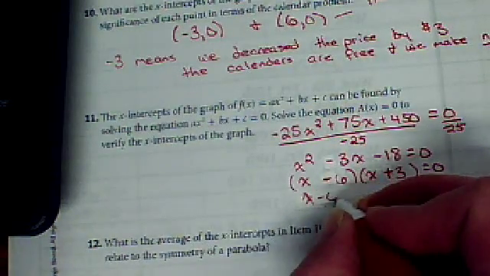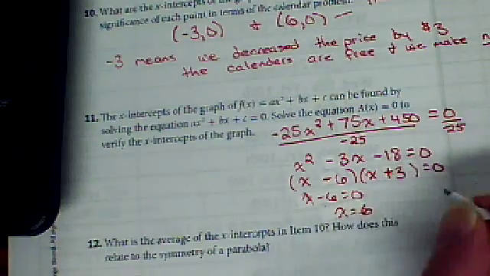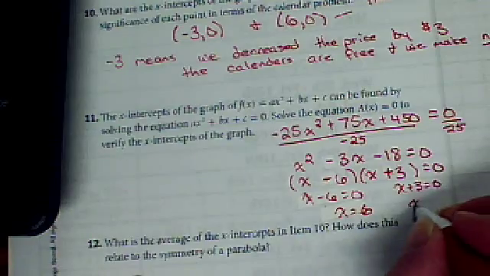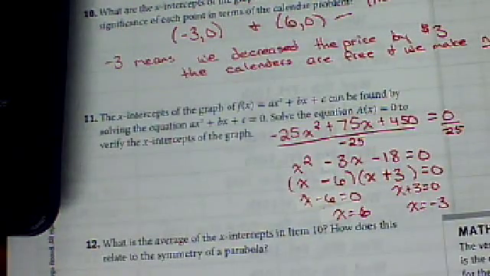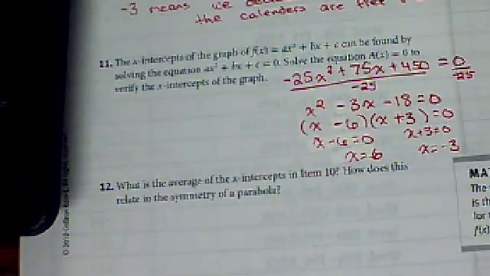So x minus 6 equals 0 means one of the x-intercepts is x equals 6. Setting x plus 3 equal to 0 means one of the x-intercepts will be x equals negative 3. Now, remember, we had talked about how this graph is very symmetrical. So the next thing I want to look at is the exact middle between those x-intercepts.